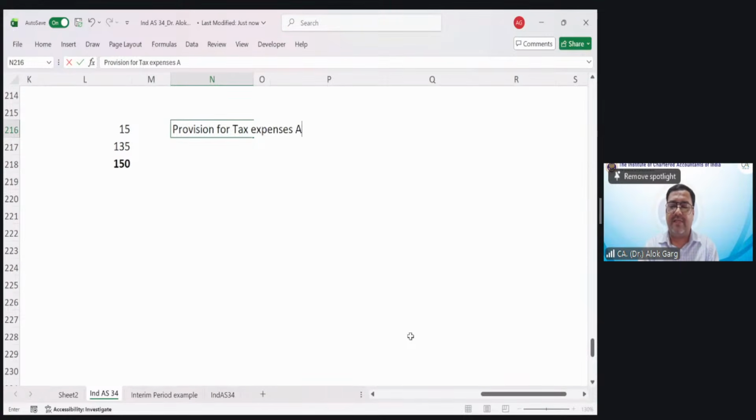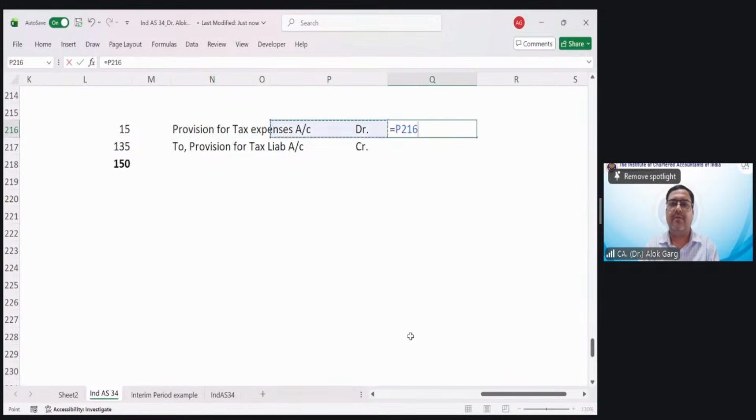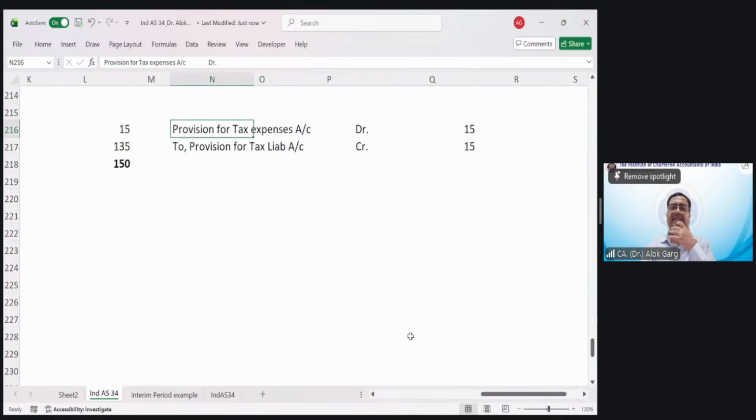Provision for tax expense account debit, to provision for tax liability account, credit. Okay, this is the journal entry.